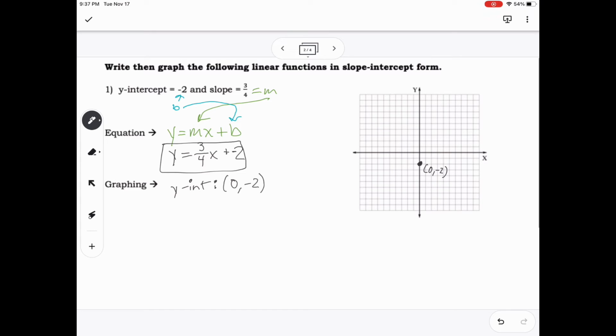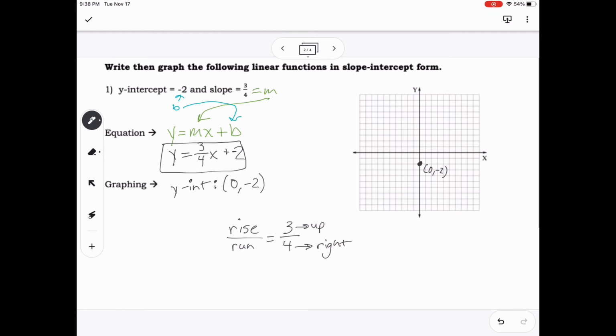Okay, so I plot that point, label it, and now I want to use my rise over my run. Because rise over run is 3/4, I go up 3, and 4 is positive as well, so I go to the right 4 from your y-intercept. So it's not from any random point. I'm using my y-intercept to get me to the next point in conjunction with the slope.